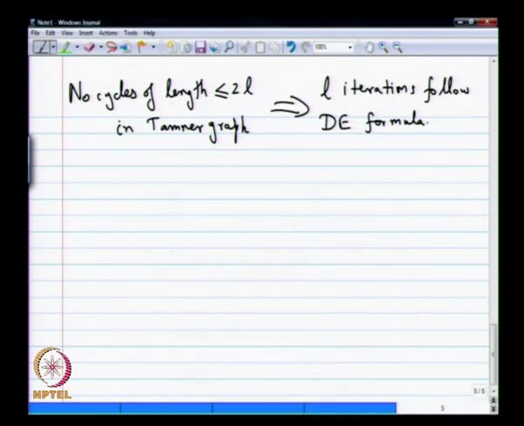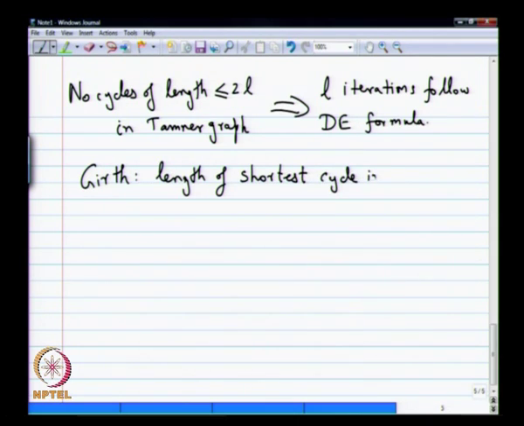The length of the minimum cycle in a graph is called girth. Girth is a technical term: the length of the shortest cycle in a graph.